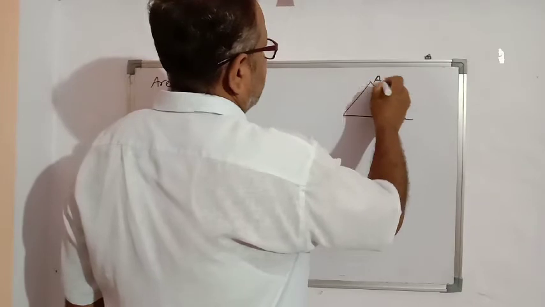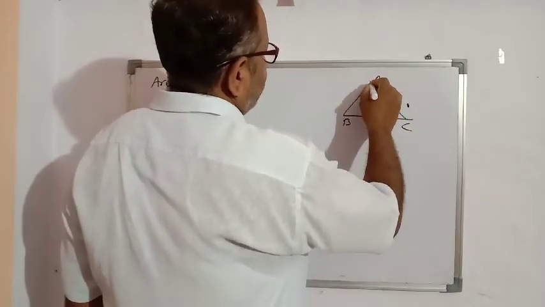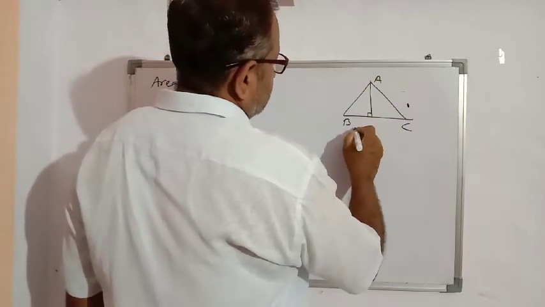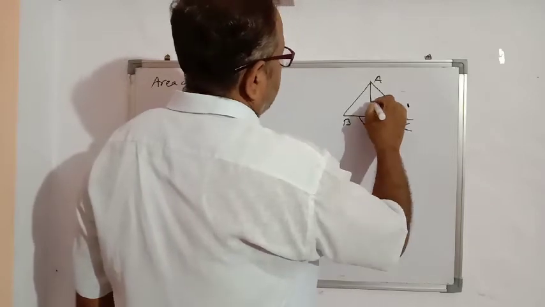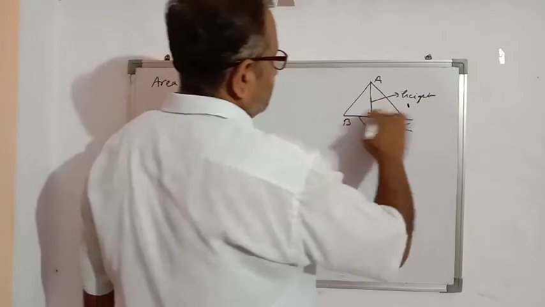This is a triangle ABC. From A, we will draw the perpendicular on the side BC. So BC we can take as base and this is the height, height on the side BC.